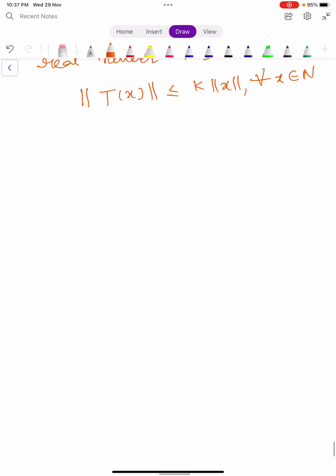You have to prove that the set S is bounded. By data, S is defined like this: the set of all elements x such that norm x is less than or equal to 1.